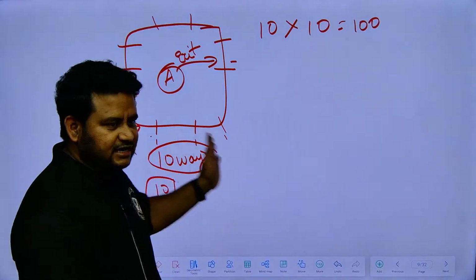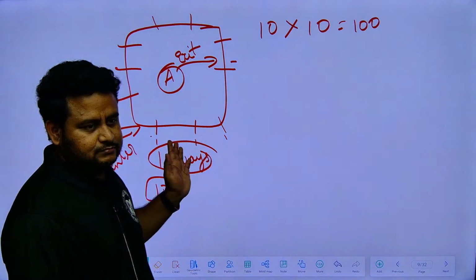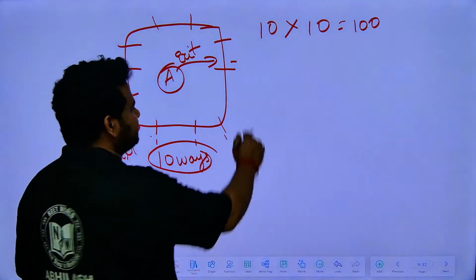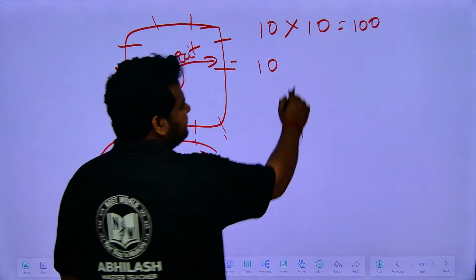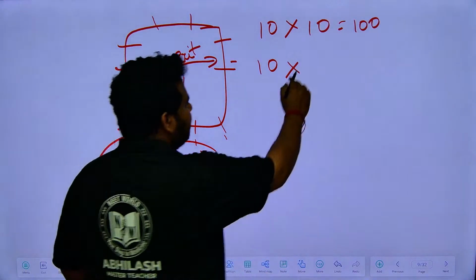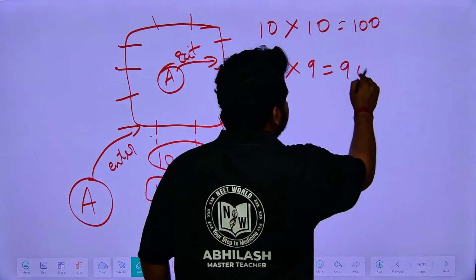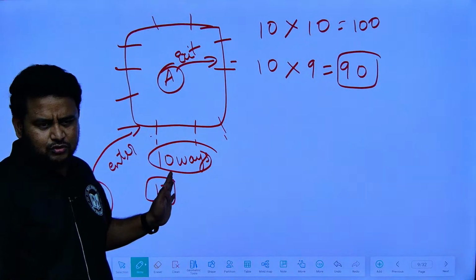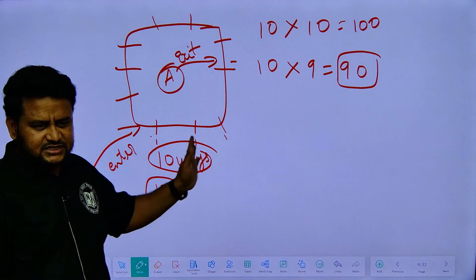To entry and exit, how many ways are there? Entry is 10, exit is 9. So 9 into 10 is 90. Understood? You should not exit from the same door, so entry is 10, exit is 9.